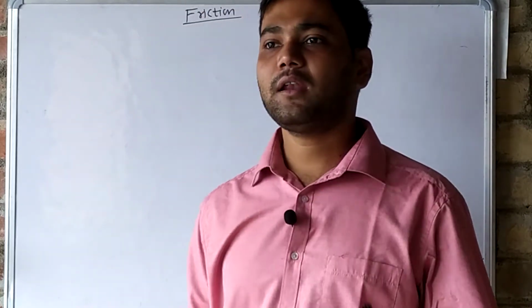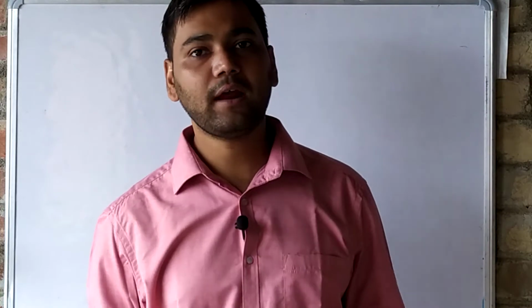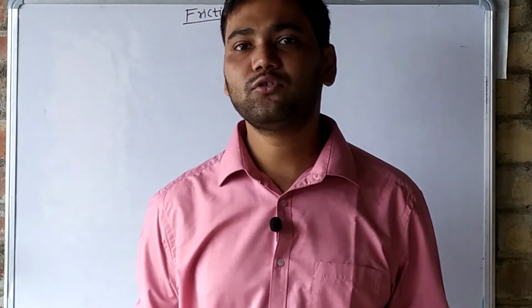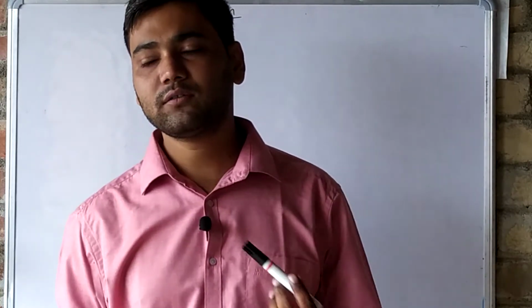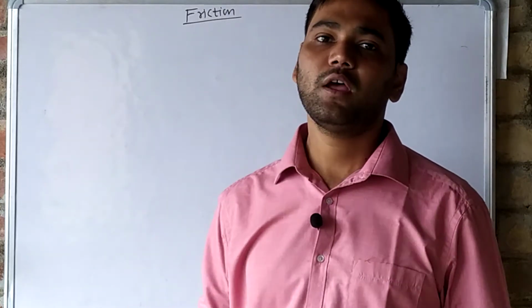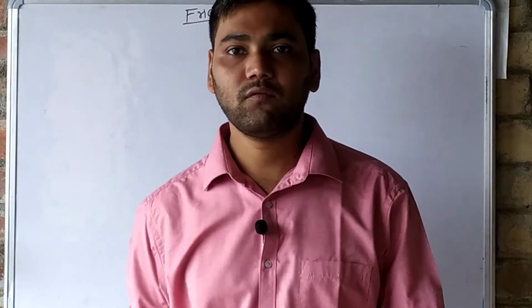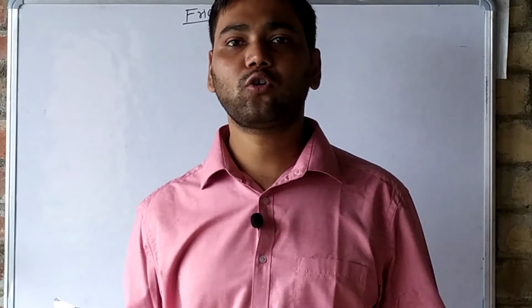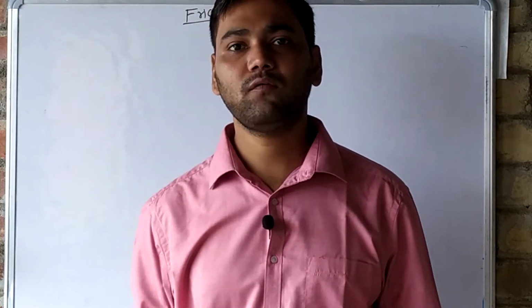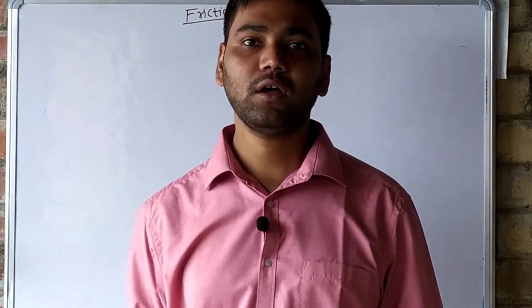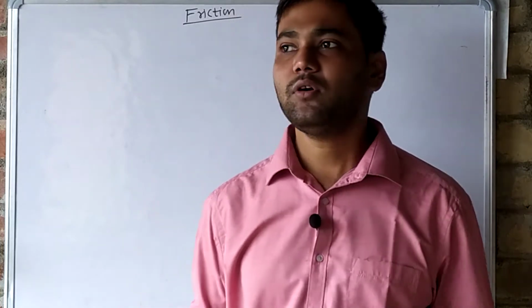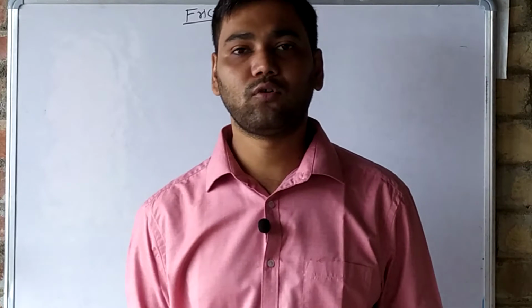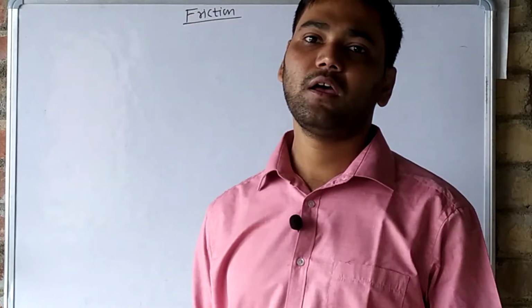What happens? An opposing force will act on the body towards west. Understand? It is an automatic force which acts on a body when we are applying force on it. This opposing force is known as friction force. We can also say frictional force.